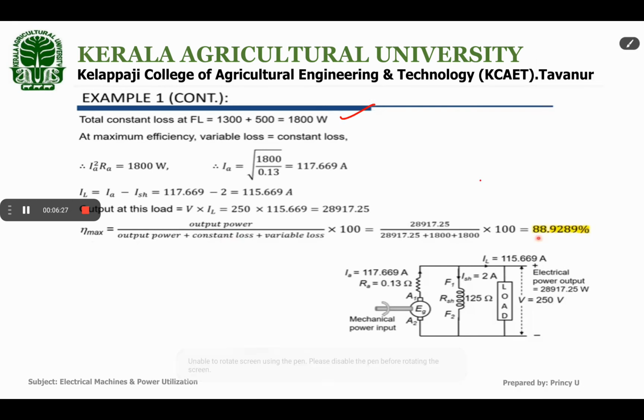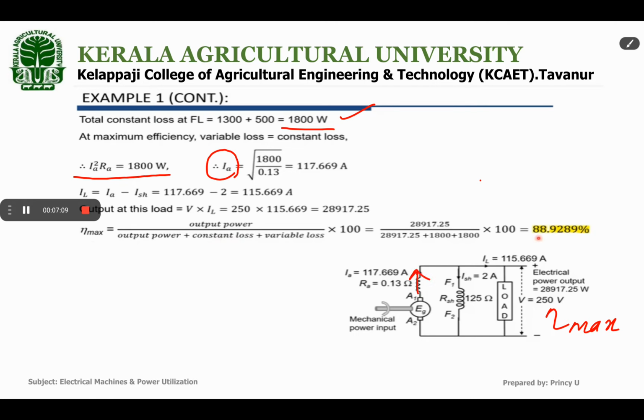That is 1800 watt. At maximum efficiency, we know that variable loss is equal to constant loss. That is the condition for maximum efficiency. The constant losses are 1800 watt, so the variable loss is also 1800, that is IA square RA is equal to 1800 watts. So we can calculate the armature current for that particular load, the load at which the efficiency of this shunt generator will be maximum.